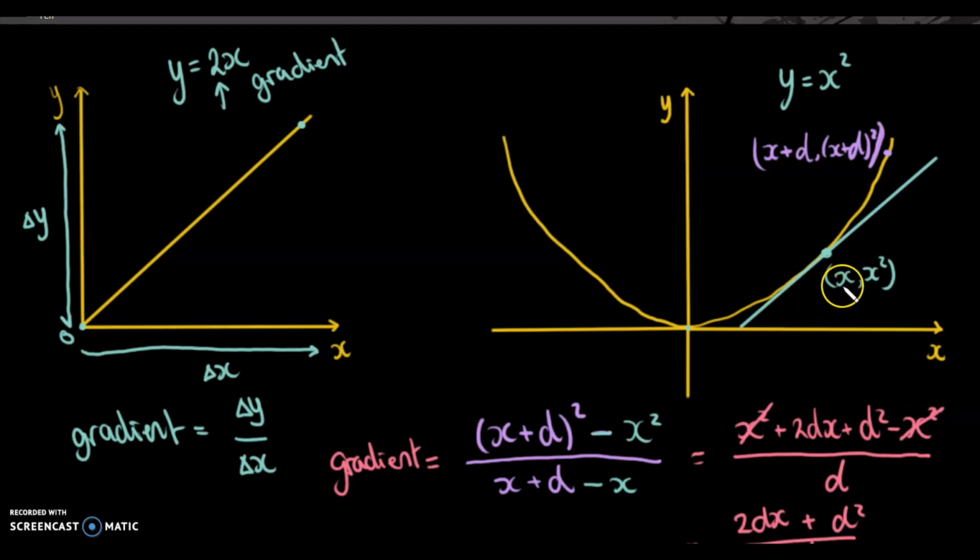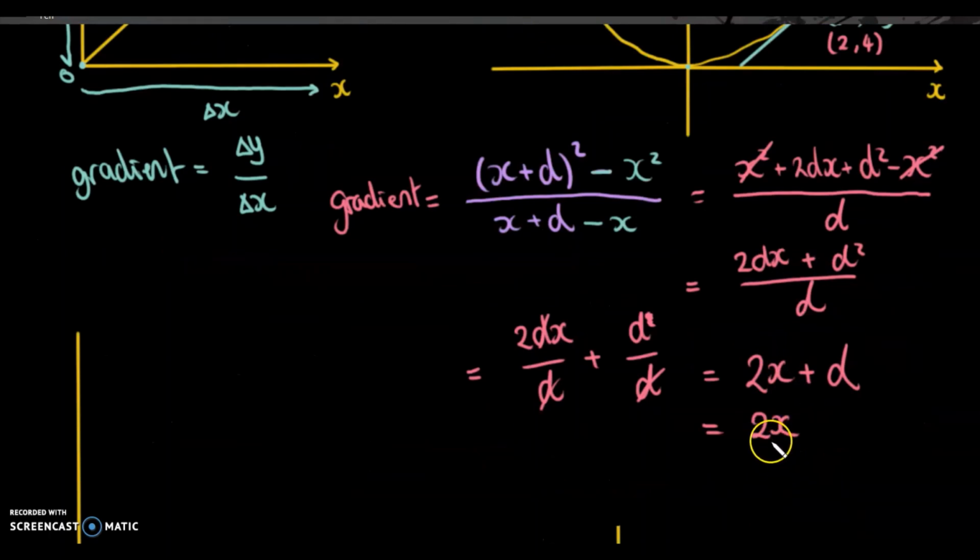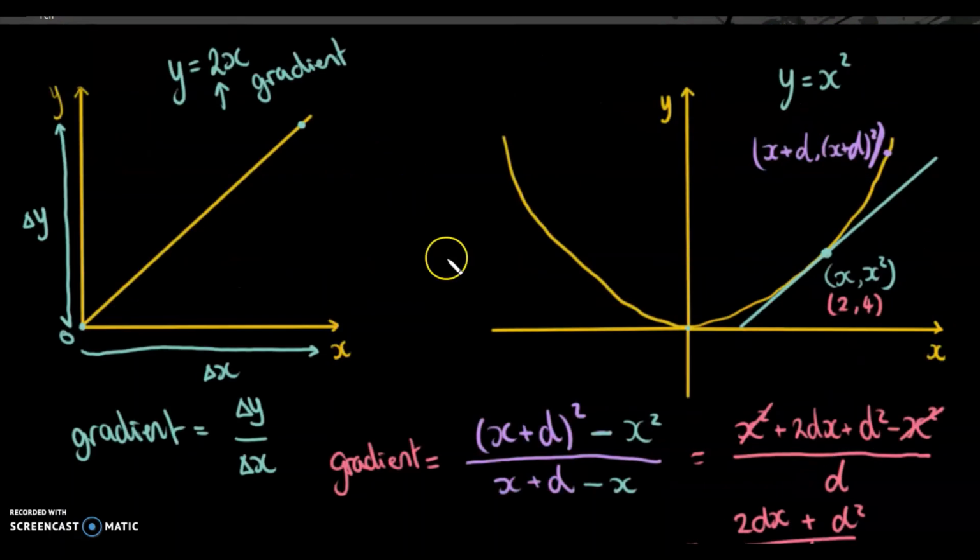There's no numbers here, but say this point here was, let's say, 2, 4. Well, what would our gradient be? We just worked out a function to work out our gradient. There it is, 2x. So if this point was 2, 4, and I put 2 in, my gradient would simply be 2 times 2 equals 4. Hopefully you can see how I managed to find the gradient of this point on the curve.